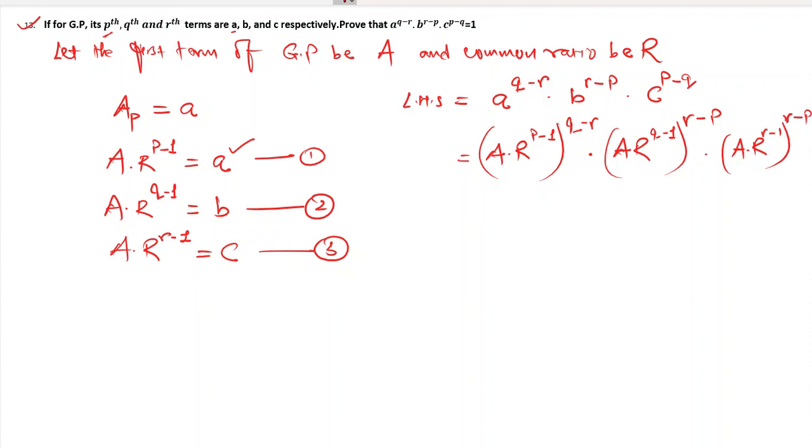Okay, now the big task is we have to simplify and expand this. See this power: suppose you have a into b raised to m, the whole raised to n. You know how to simplify this? a raised to n into b raised to mn. So this power n got distributed over the powers of a and b, and with m it got multiplied.